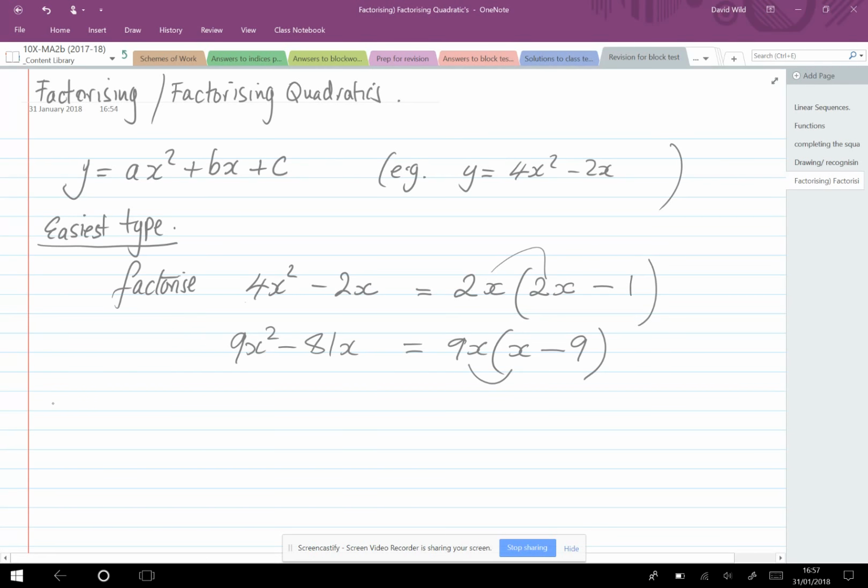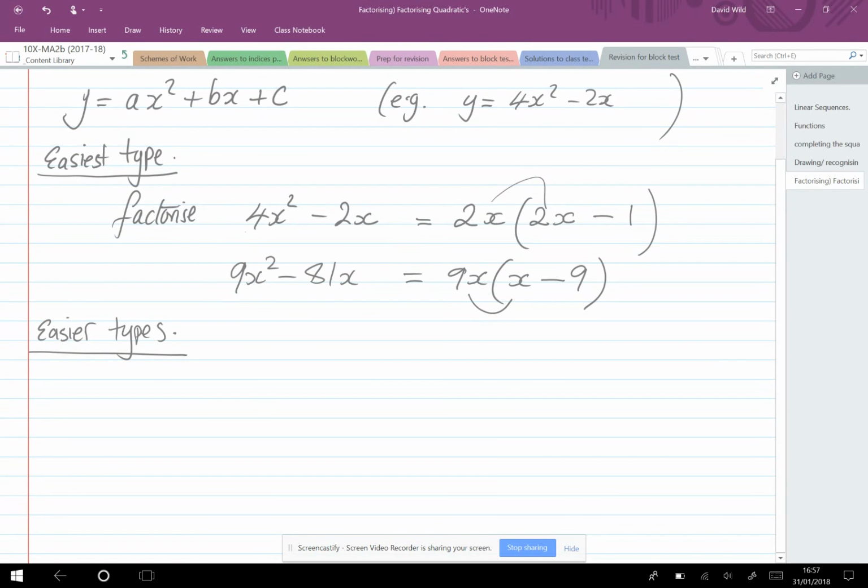The next easiest type, easier types, not the easiest but easier ones, are whereby you've got something along the lines of maybe x squared minus 5x plus 6.